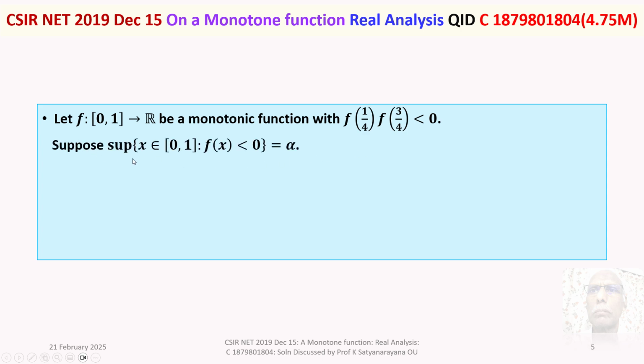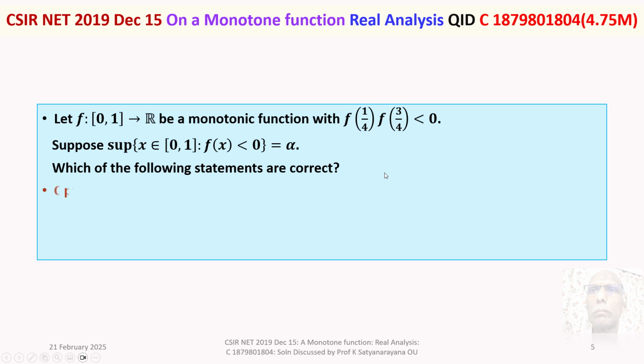Suppose the supremum of the set consisting of x belonging to the unit closed interval such that f of x is negative is equal to alpha. Which of the following statements are correct?